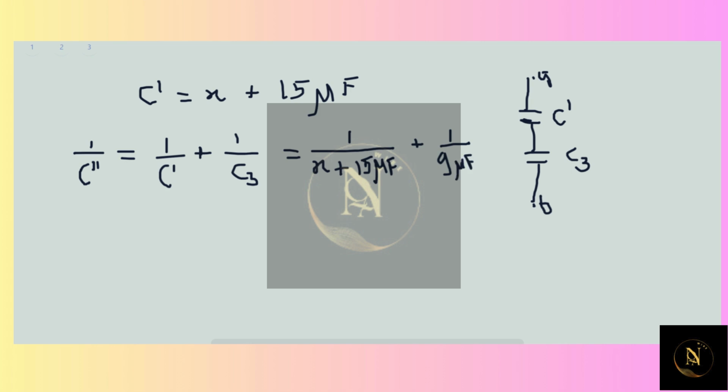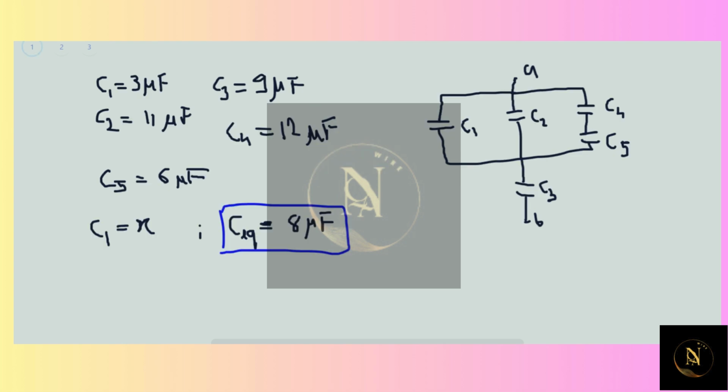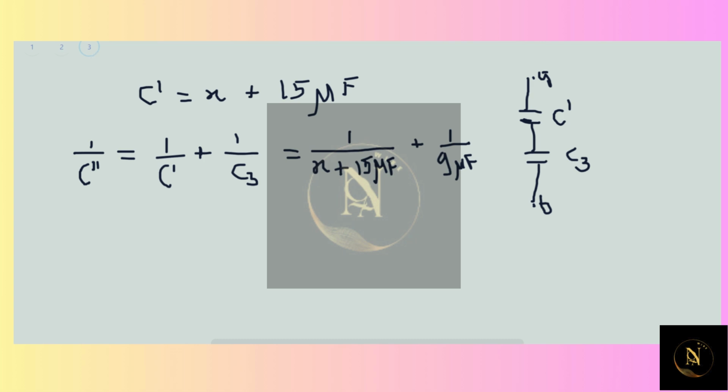Very well. And we are given that when an unknown capacitor of value X is connected, the net or equivalent capacitance between the points A and B is 8 microfarad. So the value of C double prime is already given to us, which is 8 microfarad. So if I write it here, it is equal to 8 microfarad.